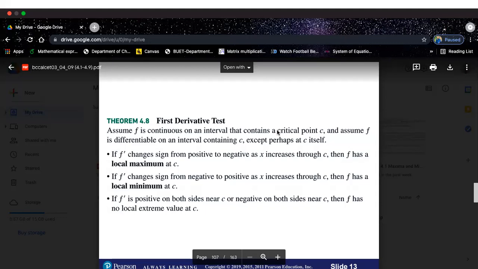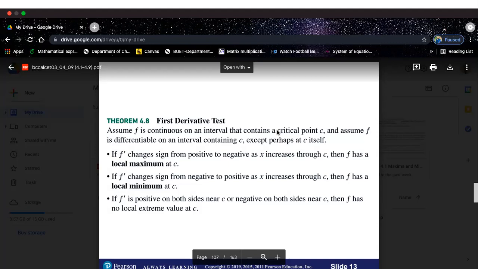If C is a corner point, your function is still continuous at C, but it's not really differentiable. So even if it's not differentiable at that particular point and continuous everywhere else on the interval, we can still use this first derivative test.